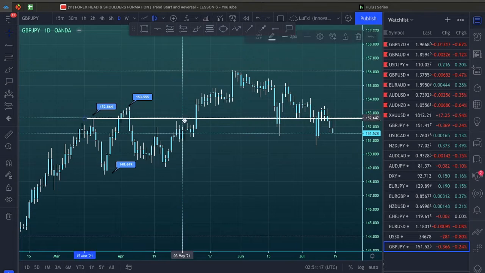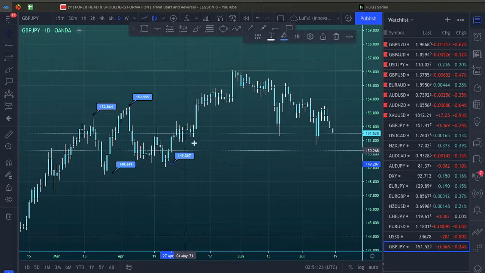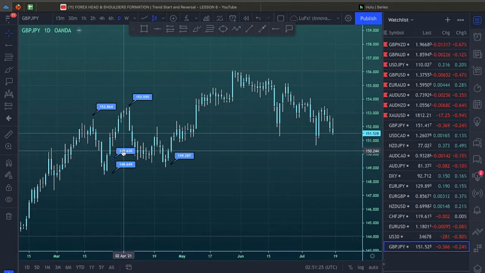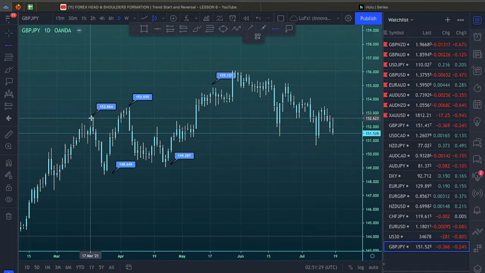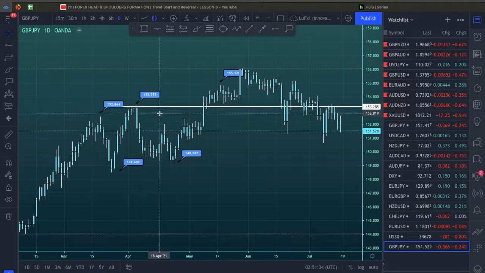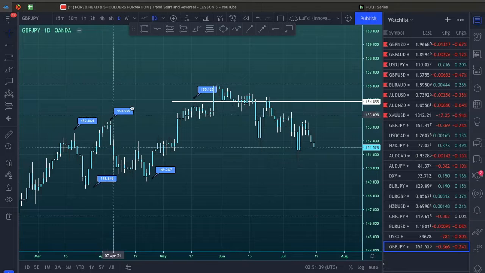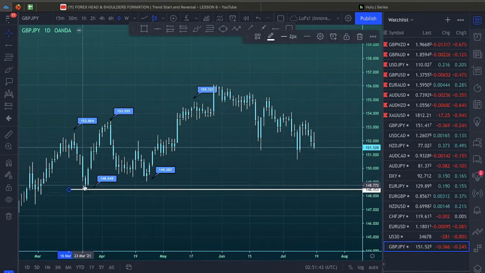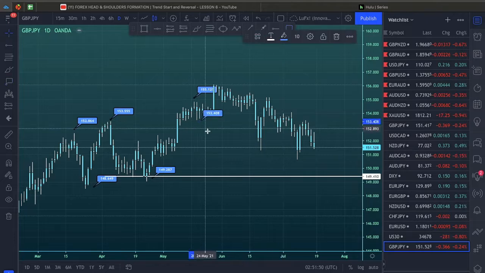And then price came down here to make a higher low, and then broke this higher high to make a higher high. This is the previous high, then we broke it to make this high, then we broke this high to make this new high. So we're going up, making higher highs, and on the lows we made this new higher low, and now we're coming down here to make this higher low.